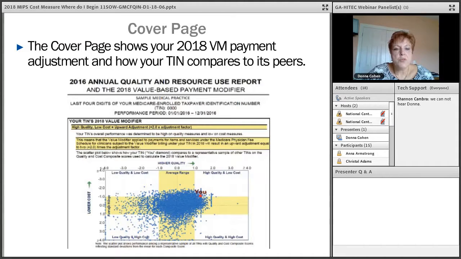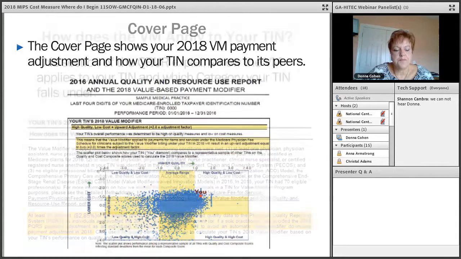So on the cover page, you'll see what the TIN number is, what the practice name is, as well as the performance period. And remember, I indicated that this was January 1st, 2016 through December 31st, 2016 for the performance period, which the payment adjustment becomes in 2018.